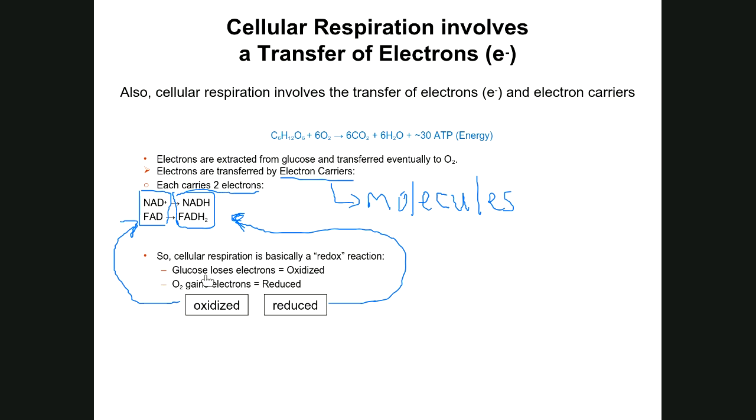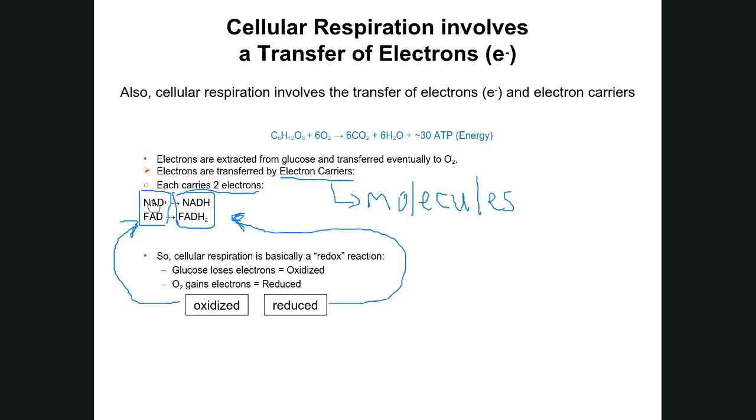As we'll talk about in glycolysis, enzymes strip electrons from glucose, so we say glucose loses electrons. What's happening to glucose is it's being oxidized. More generally, any molecule that loses electrons, we say it's oxidized.